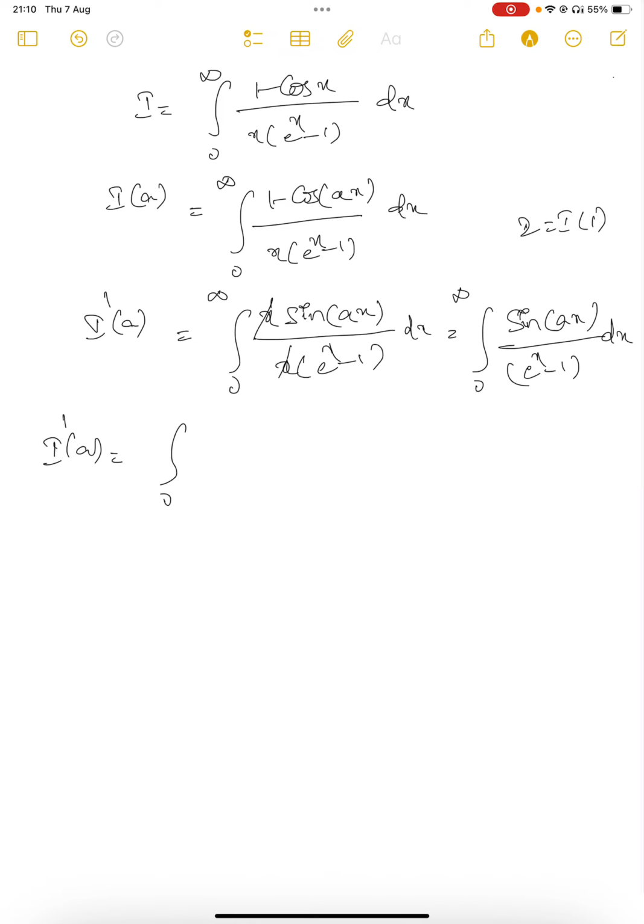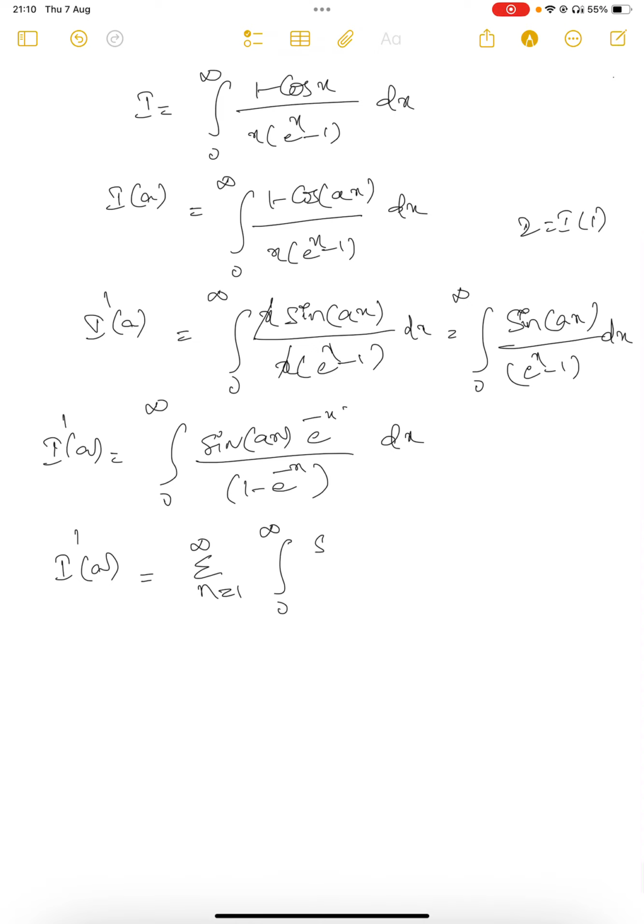So I dash of a equal to, let's do one thing, integral 0 to infinity sine of ax, multiply and divide with e power minus x. Then this will be 1 minus e power minus x. So then I dash of a equal to, this can be written as summation n equal to 1 to infinity integral 0 to infinity sine of ax into e power minus nx dx.